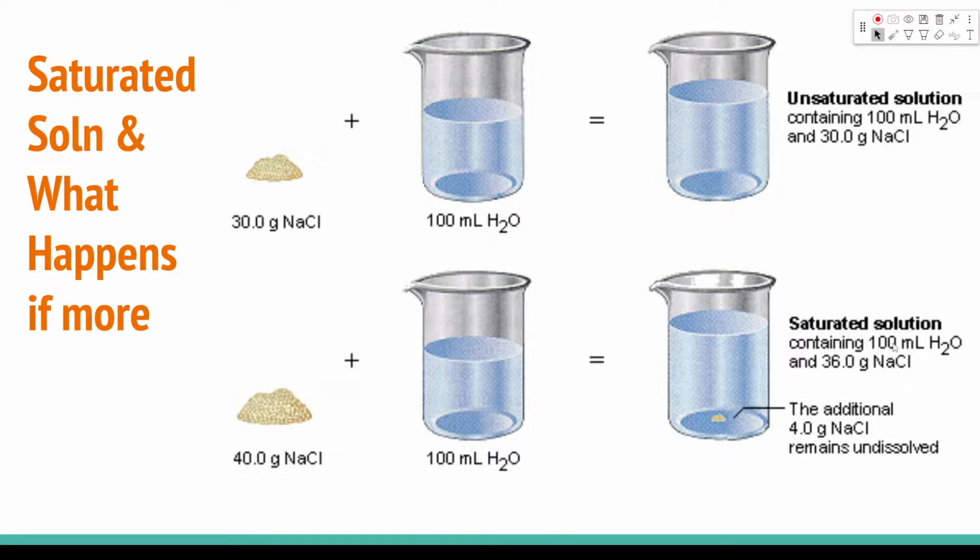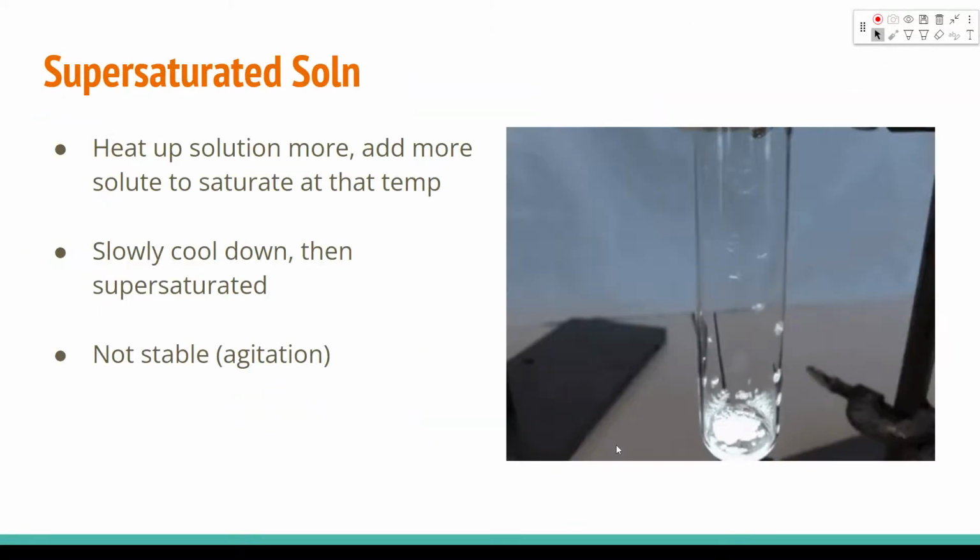Now, if I were to heat this up, I can dissolve that 4 grams eventually, depending on what temperature it needs to be at, and then it becomes a supersaturated solution. So, like I said earlier, heating up a solution, I can add more solute. If I slowly cool it down, eventually I can get it supersaturated.